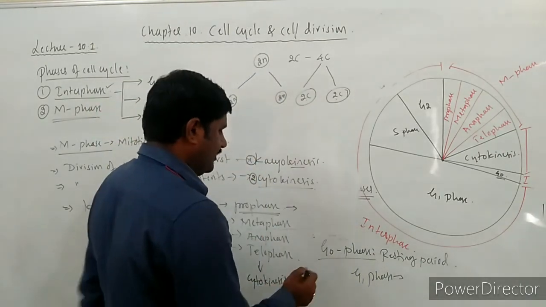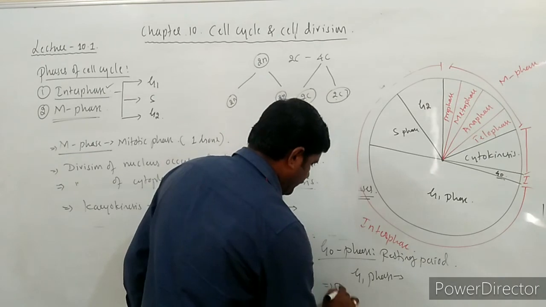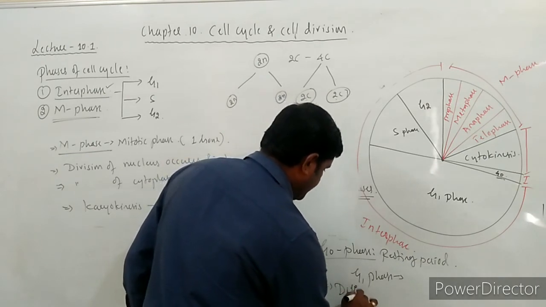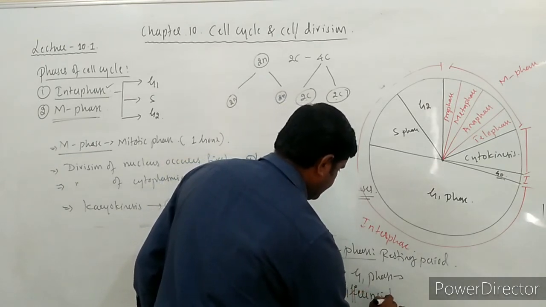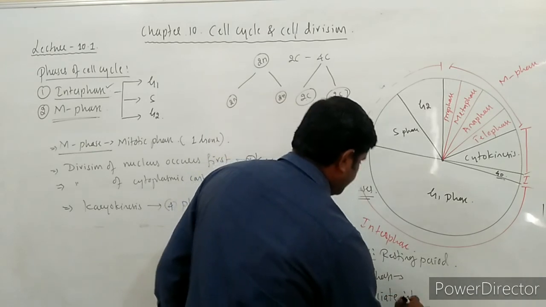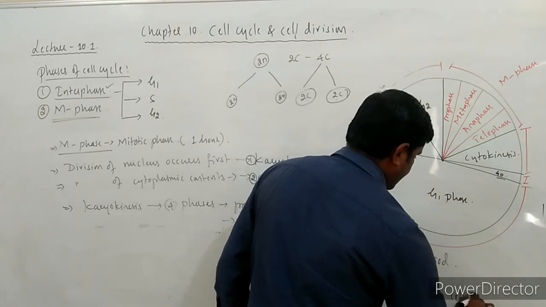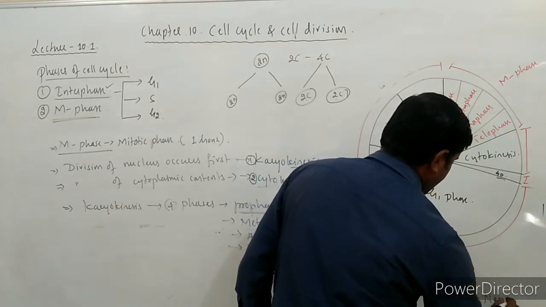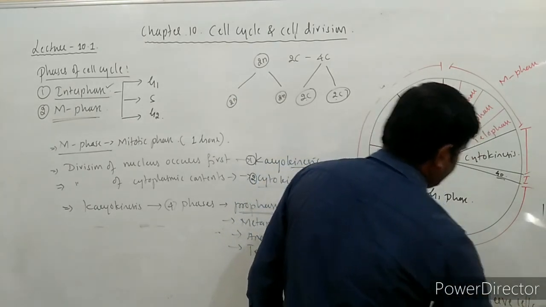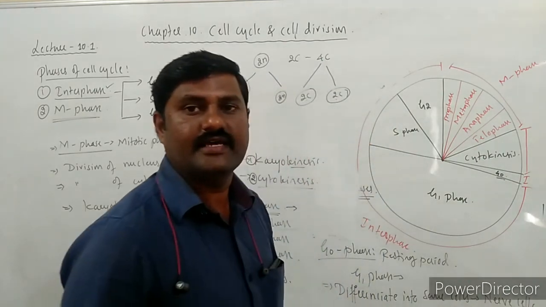See here, during G0 phase, some of the cells differentiate into cells like nerve cells.